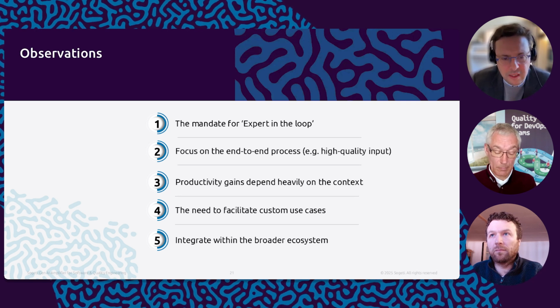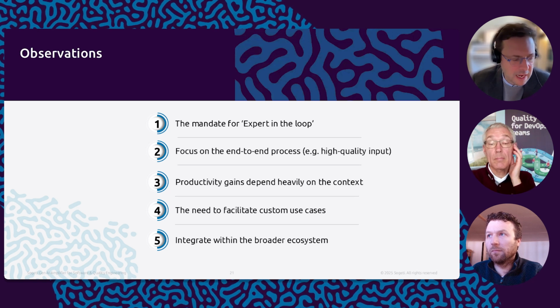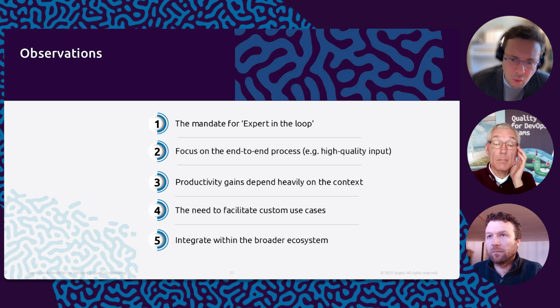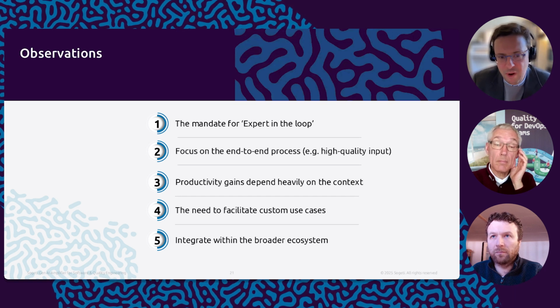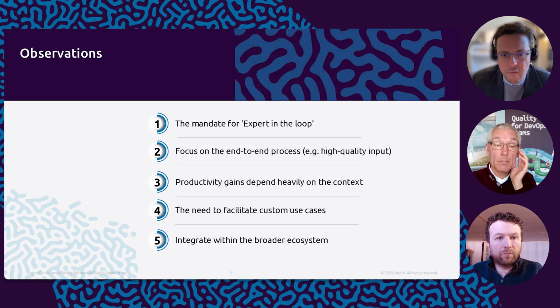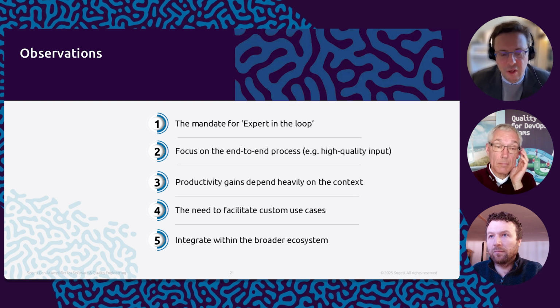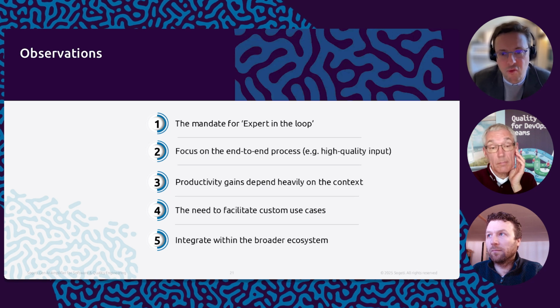The second one is, as we showed earlier, what truly matters to get a first and right output is also to have high quality input. And from a testing perspective, we are inheriting a lot of things from others, from product owner, from business analyst. And the need for quality, the mandate for quality also starts really early.